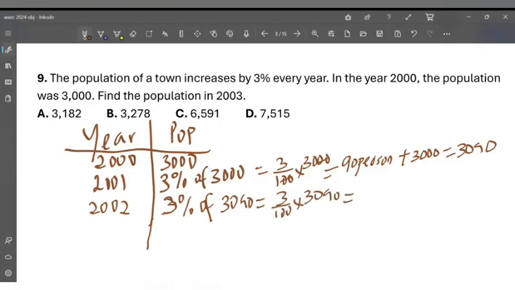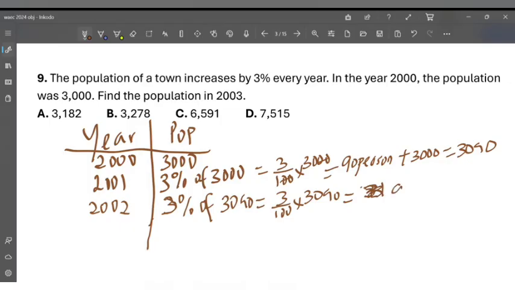When you solve this in your calculator, multiplying the numbers at the top, let me put that in my calculator. So 3 times 3,090 gives you 9,270.